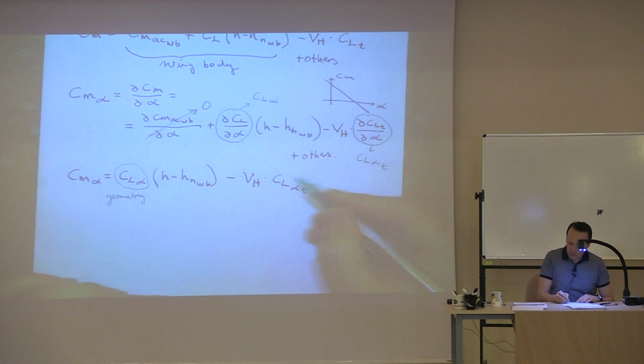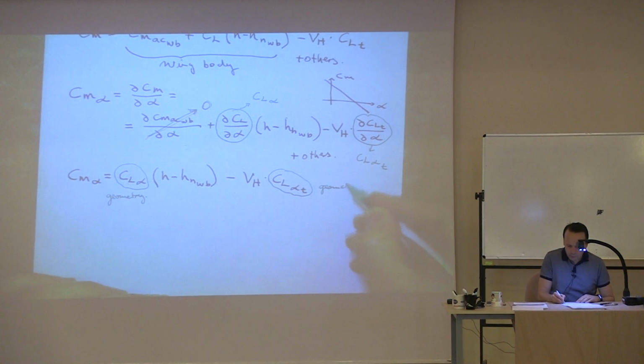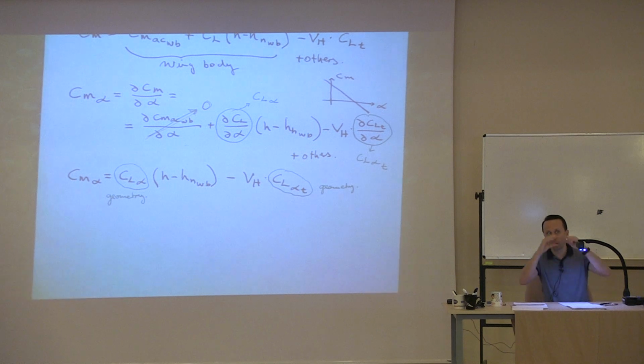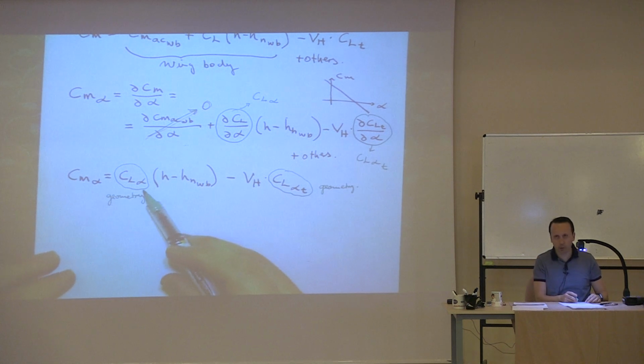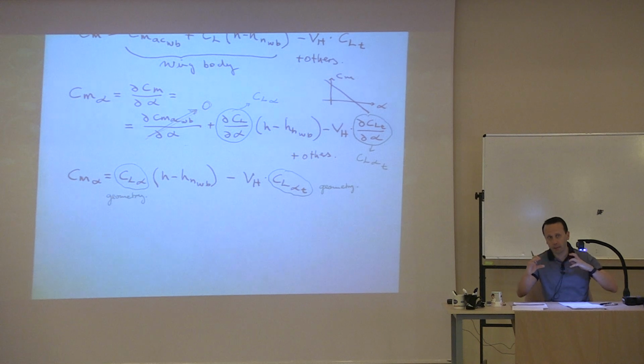This one here is the same. It has something to do with the shape of your wing or your horizontal tail. So if you choose a different airfoil, this will change. Since this belongs to the wing body, it is the fuselage plus the wing, how you choose the geometry.